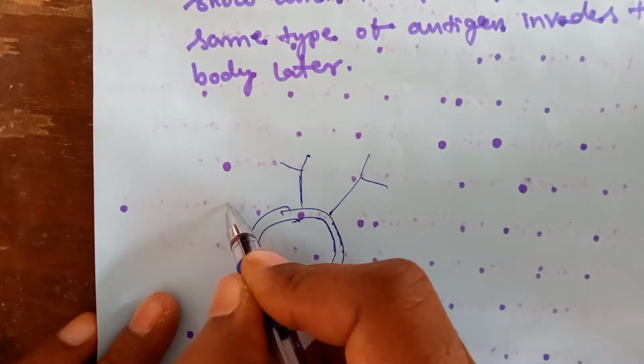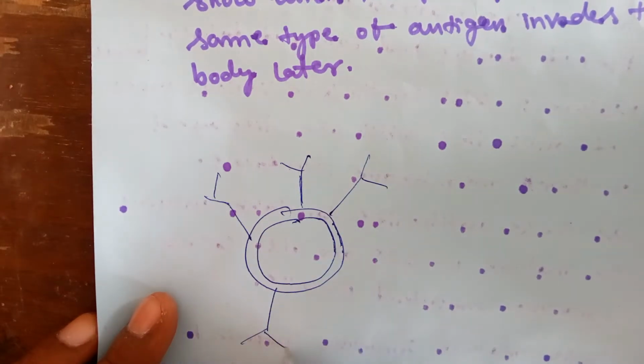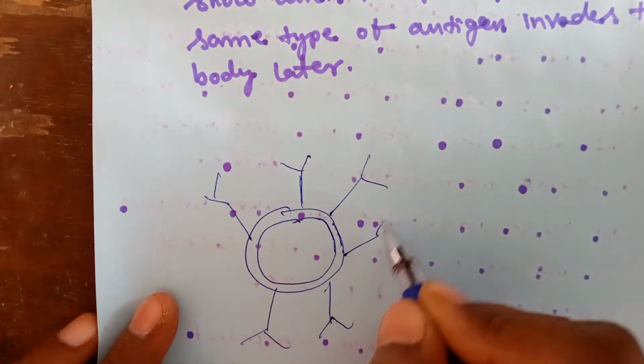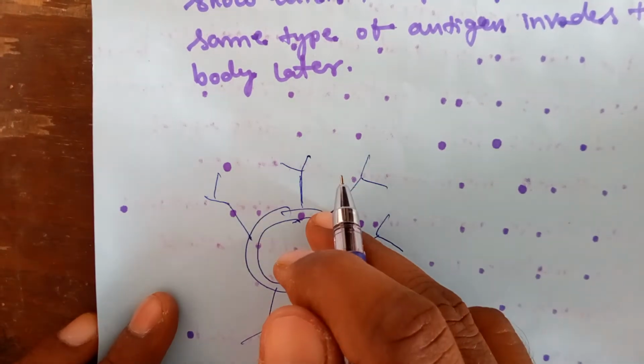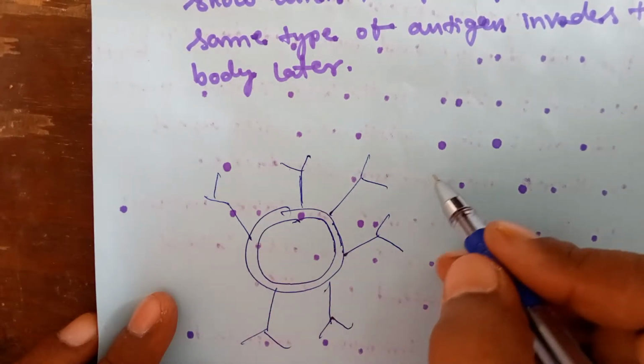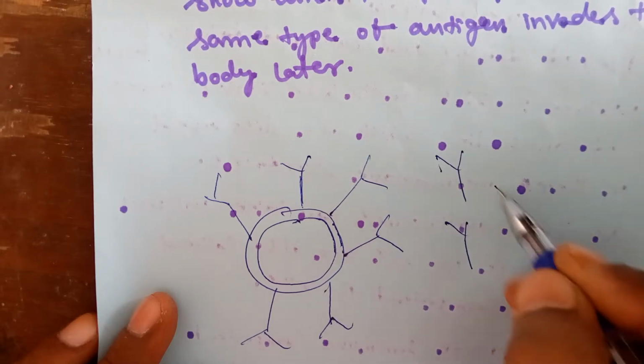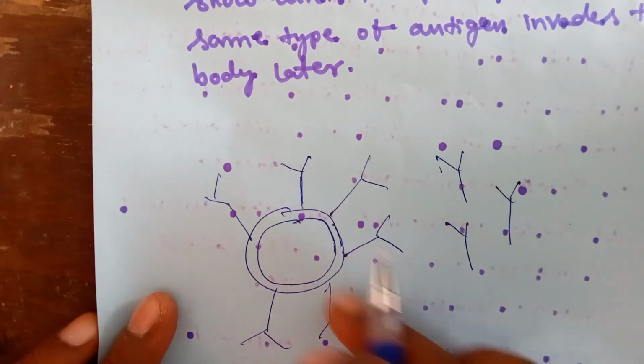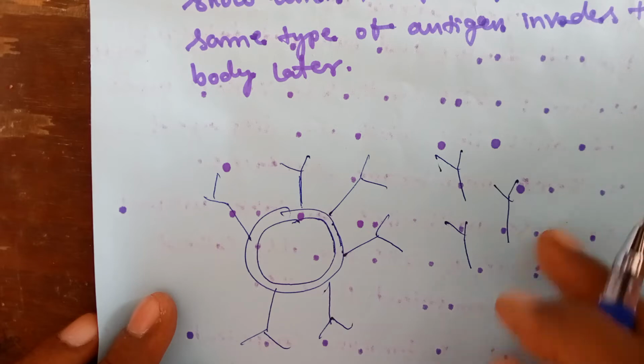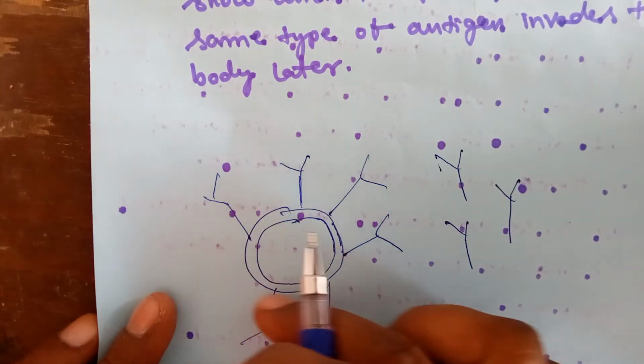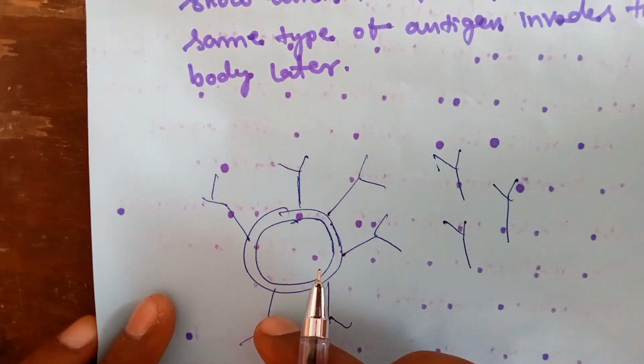These are called antibodies. Some antibodies are attached to the membrane of the surface of the B lymphocyte, and some antibodies circulate freely in the body fluids.